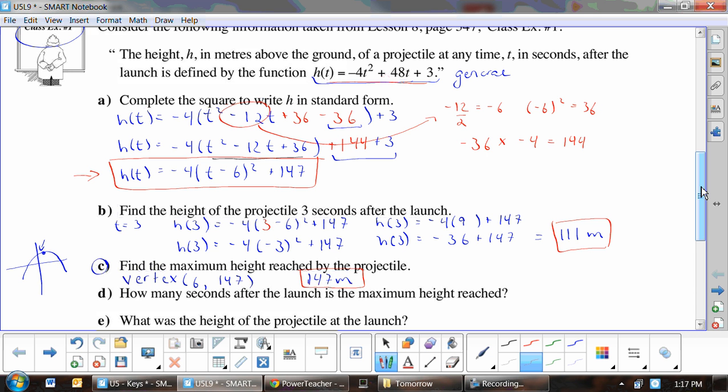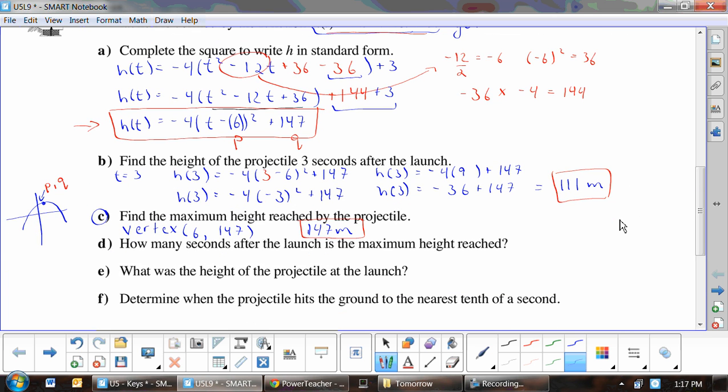And we get that because we know our vertex is point P and Q, and we know that 6 is P and 147 is Q. Remember, if it was T plus 6, then it would be -6 as our vertex. So today's a good review for everything we've learned in this unit.